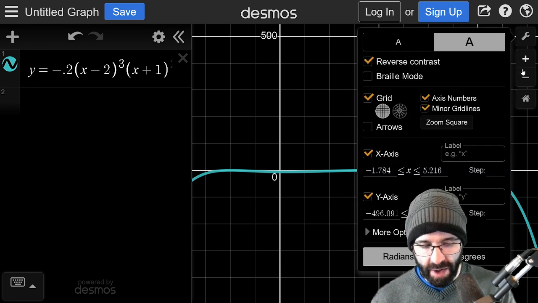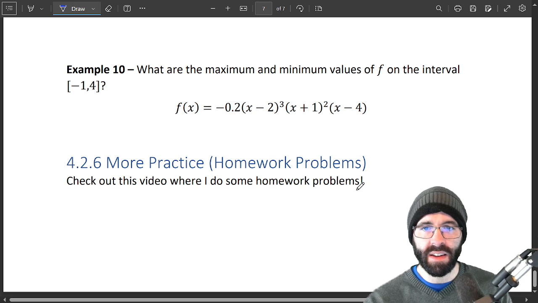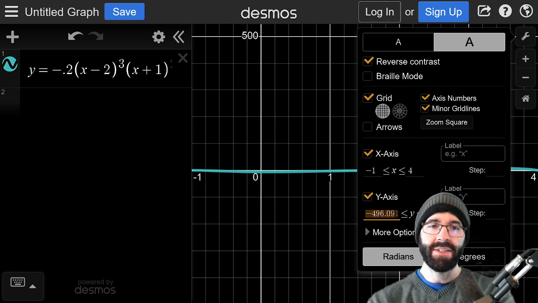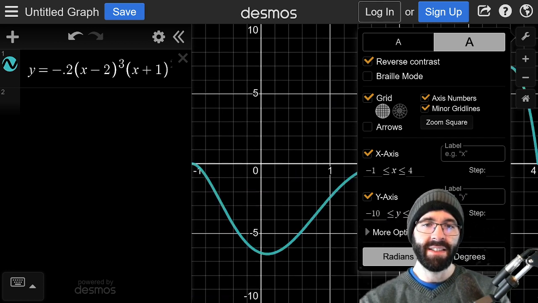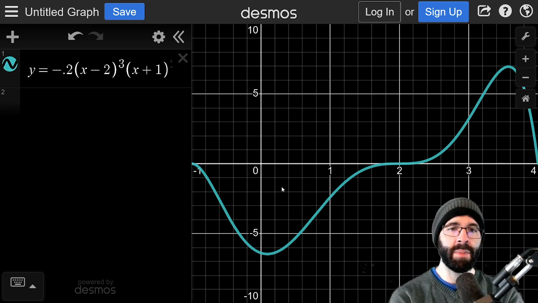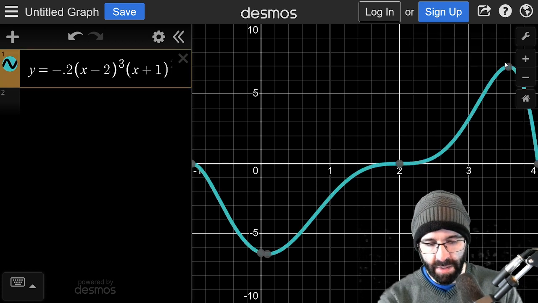So let's zoom in the right way. X, we said, was between -1 and 4. And y, we need to zoom in on y. Let's say -10 to 10. So on this interval, what's the biggest we can get and what's the smallest we can get? The biggest is right here.